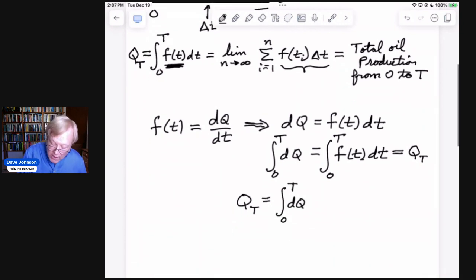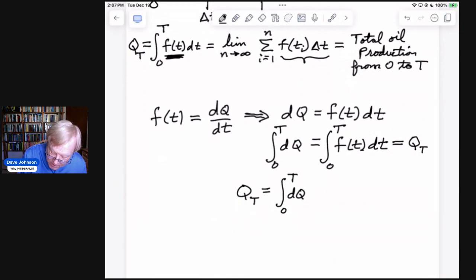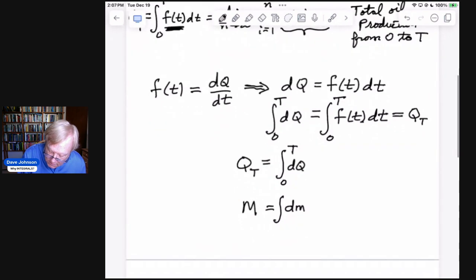And so think about it: the integral of dQ is Q. And we can generalize this idea. The integral of mass, little dm, is total mass. The integral of charge, we could also call that dQ, is the total charge, and so on.